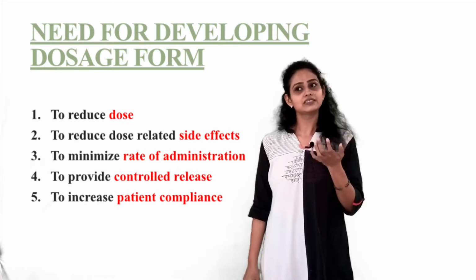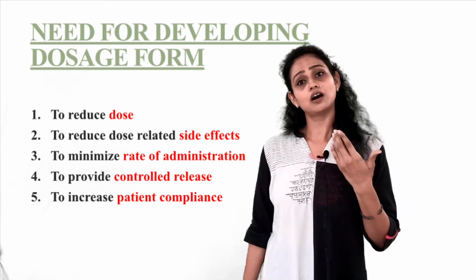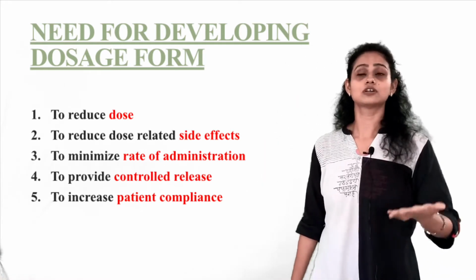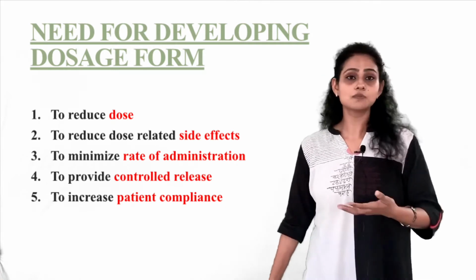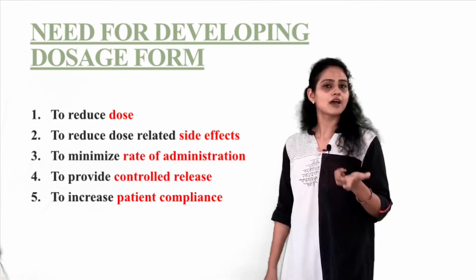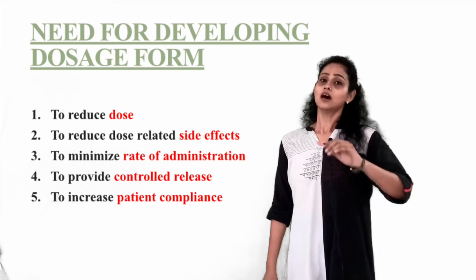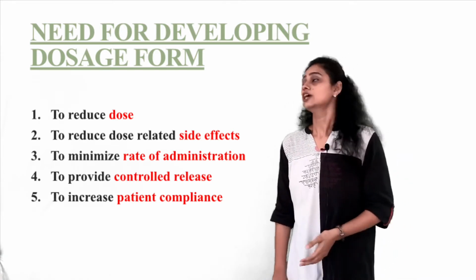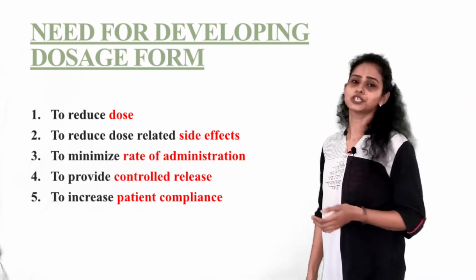Instead, if I take a drug that releases the drug for a specific time period, say for example 6 days or a month, then it would be so convenient. I don't have to take the drug through injection, so it also improves patient compliance. So when we want to achieve all these parameters, we can go for osmotic drug delivery system.